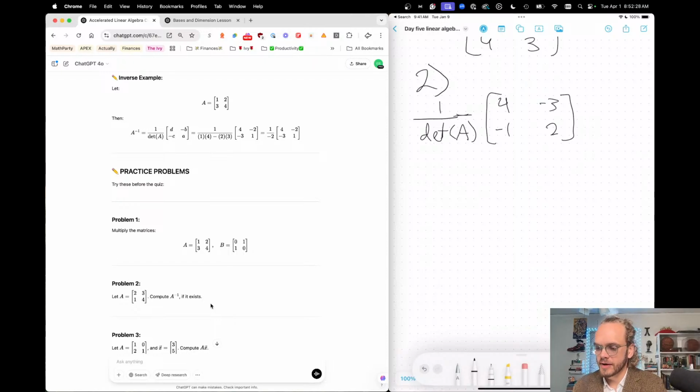Let's see if this is right. So 1 over the determinant, I can find the determinant of A, which is going to be AD minus BC. So 2 times 4 minus 3 times 1.